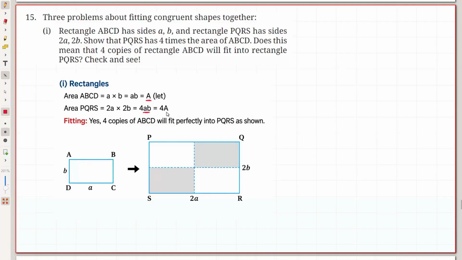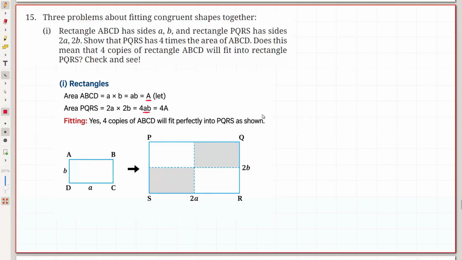Instead of AB, I can write it as A, so 4A. The answer is yes. 4 copies of ABCD will fit perfectly into PQRS: 1, 2, 3, 4.